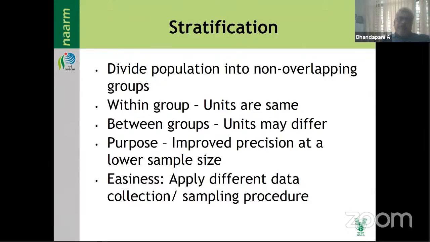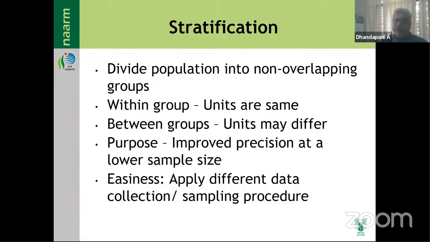So how do we achieve more precision with a lesser sample? You can divide the population into non-overlapping groups, so that within a group the units will be more or less the same, with less variability, and between the groups the variability may be different.